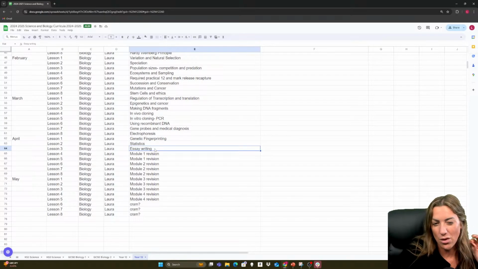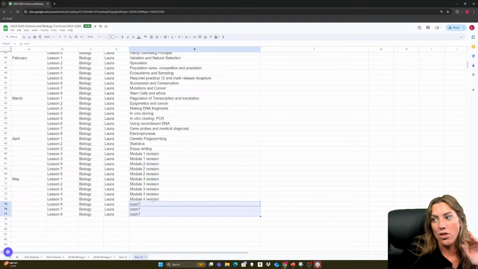I'm going to do a lesson purely on essay writing. I'm going to do a load of year 12 revision lessons, like in April and May. These are the 3 cram courses, so one before the night of each paper. And don't forget, on top of this is the Easter revision course as well. That's not even on here. And Easter revision, we do about 6 hours of year 12 revision.